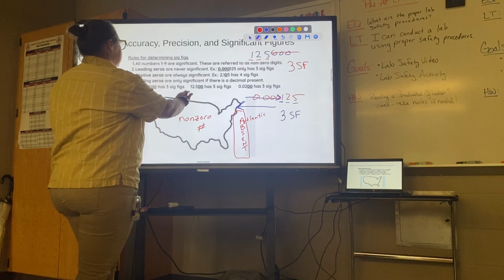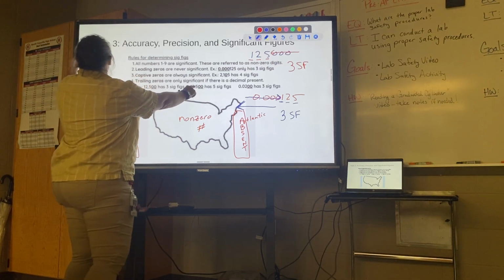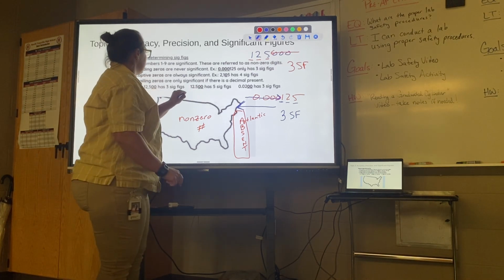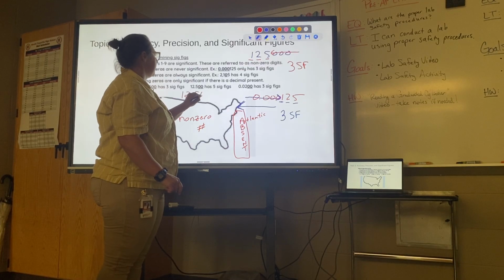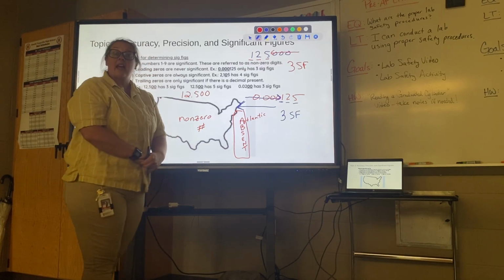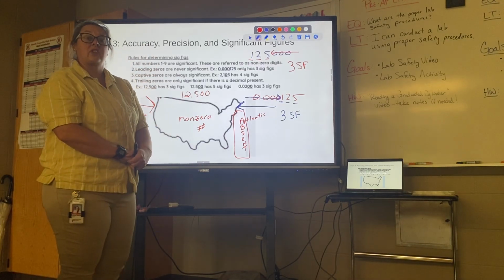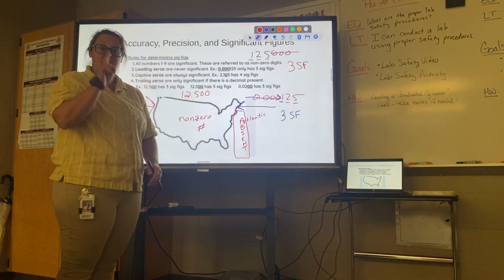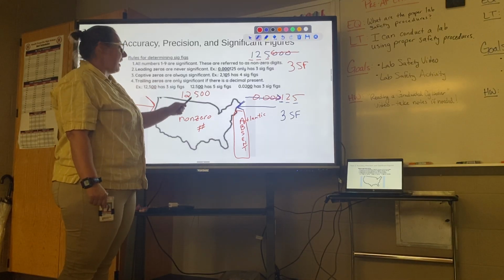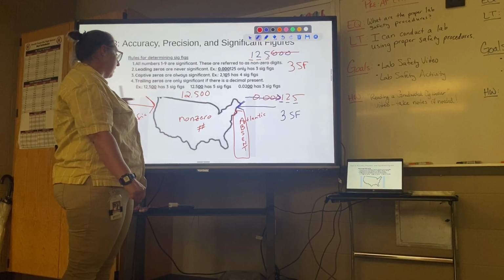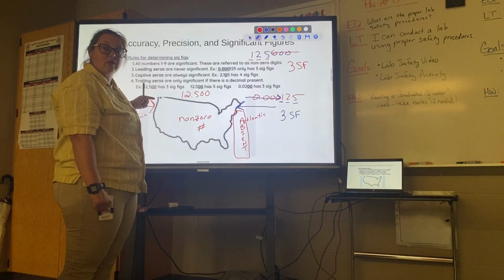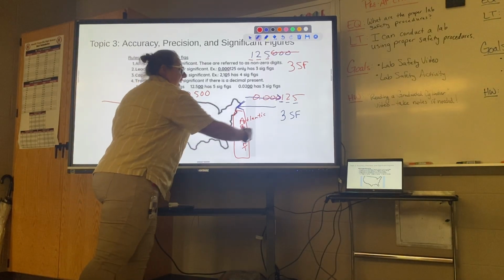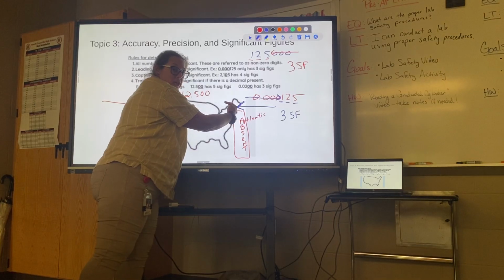Here we go, 12.500. Let's count how many significant figures this has. First, evaluate. Do I have a decimal present, so I come in this direction to hit a non-zero number? Or do I have a decimal absent, where I'm entering in this direction?